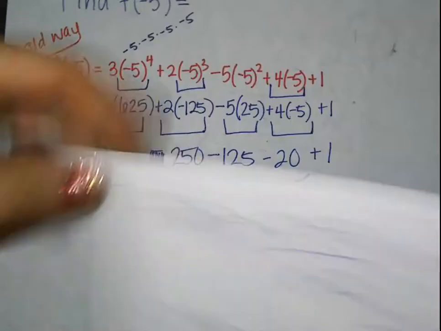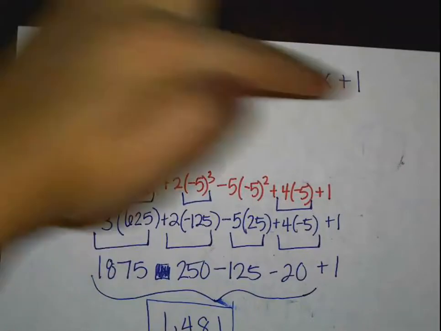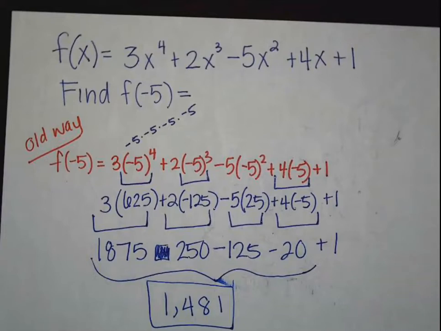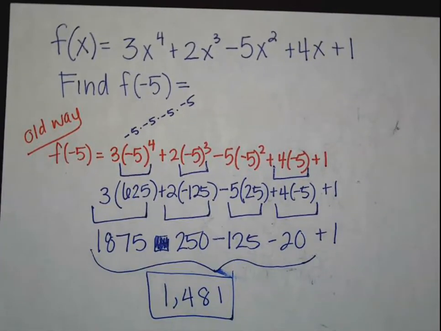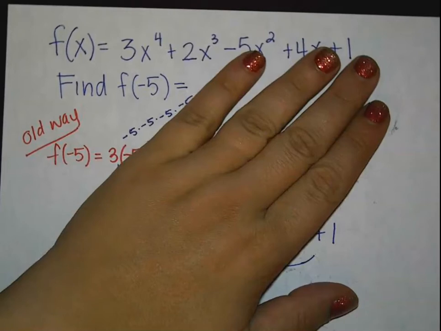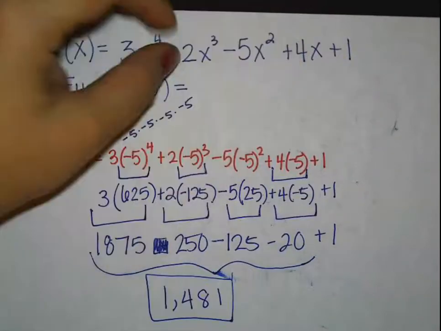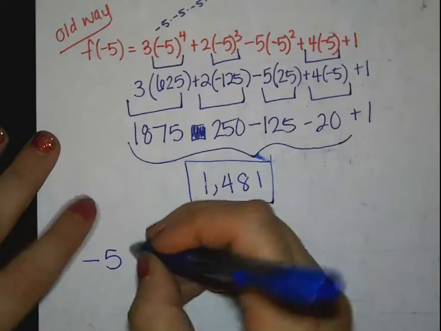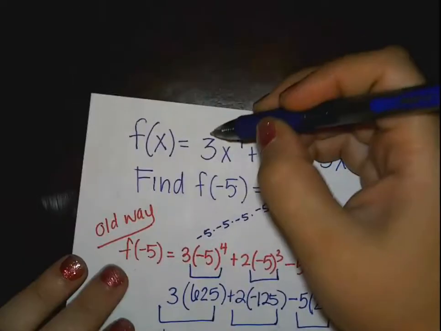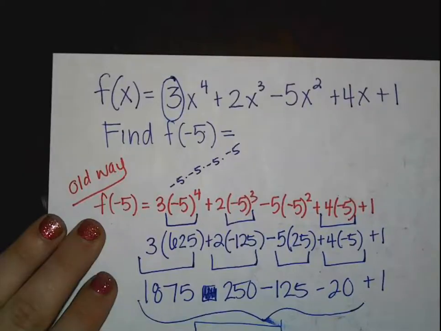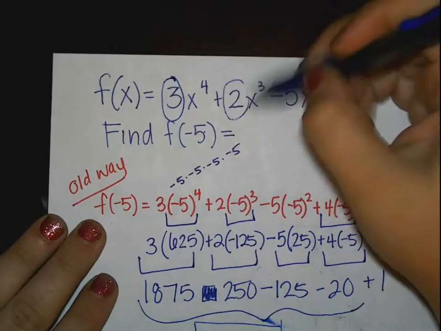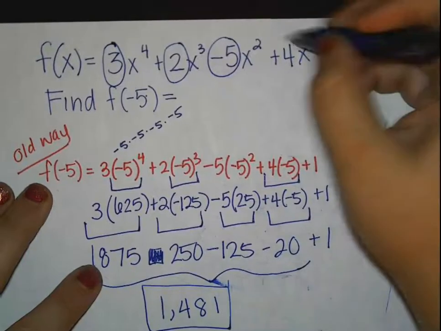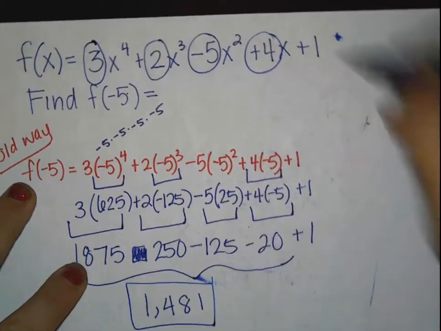So because this is a polynomial, a bunch of terms being added and subtracted where their exponents are all positive, instead of doing it this way, which takes a lot longer, because this is a polynomial, instead I could take the negative 5 and I can take all the coefficients, so the 3, and then the 2, the negative 5, the 4, and then the 1.